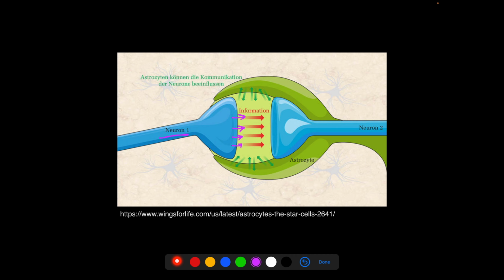So this is glutamate. Glutamate is released into this synaptic cleft. The astrocyte, which is this green cell here, carries out the reuptake of that glutamate so it can be reused later.